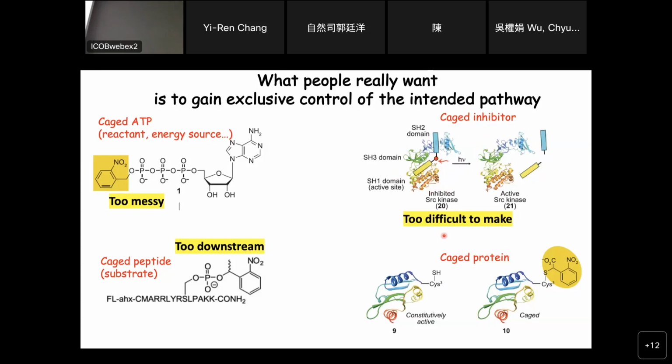So this whole field has changed direction to caged protein. Well, caged protein is very laborious because you need structure information, and you also need molecular biology to do some point mutation if needed. And you also need to have a scale of protein chemistry.